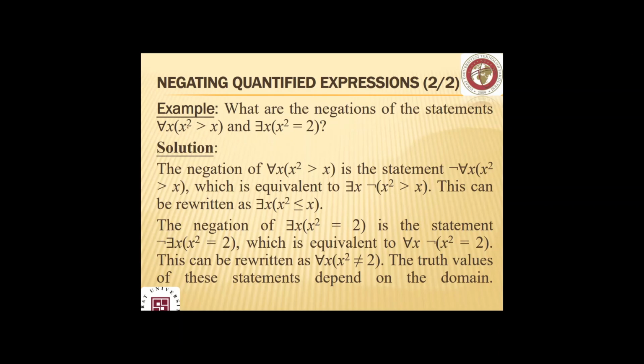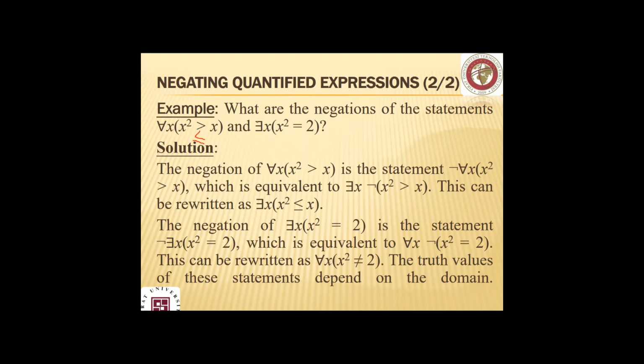In other words, this will be x squared less than or equal to x. This is the negation of whatever is inside the parentheses. According to the rule, universal will be negated to existential, and x squared greater than x will be x squared less than or equal to x.